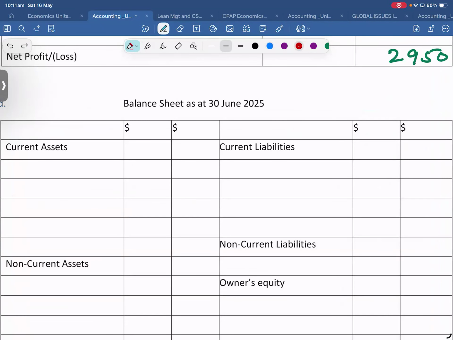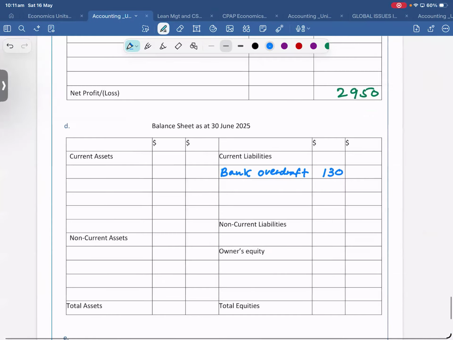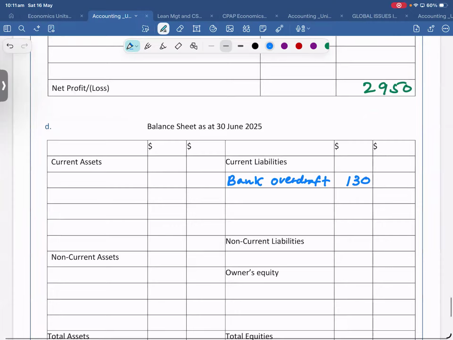It's a negative one. Negative means what? Bank overdraft becomes a current liability. So write bank overdraft 130. Don't put brackets here. We don't use brackets in the balance sheet. So that's done.